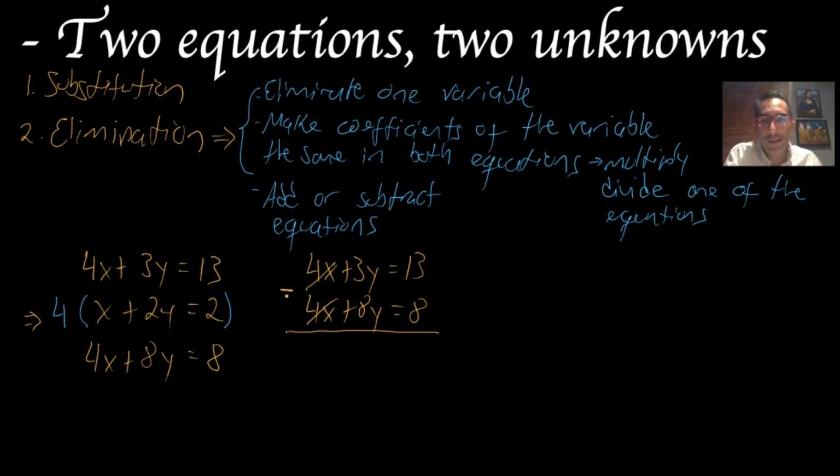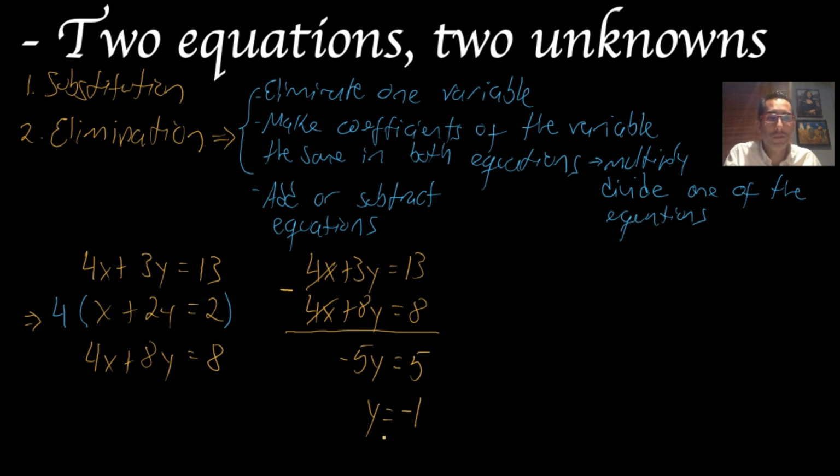Now we do 3y minus 8y. This will give me an answer of negative 5y, right? And here then I have 13 minus 8, which is equal to 5. And if we solve for y here, we will see that y is going to take the value of negative 1, right?